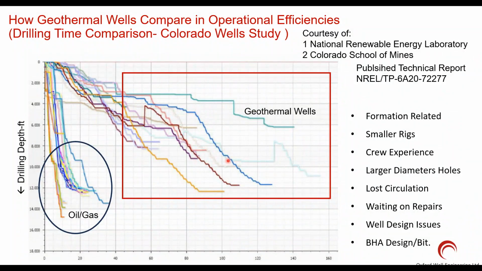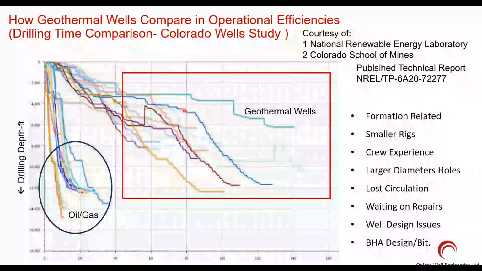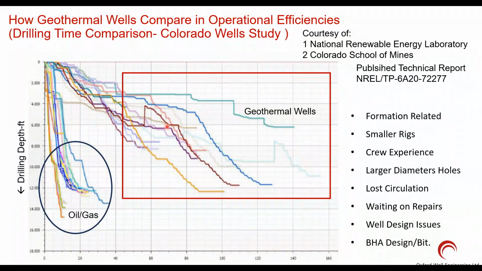If you are running casing, you're not drilling. It's a good flat time. But if you're struggling, and you could not drill, you could not run, you could not make progress towards the construction of your well, the step profile comes up like this. Looking at the character of all of these geothermal wells, it looks like a huge amount of flat time hidden between the slopes. Look at the slopes.